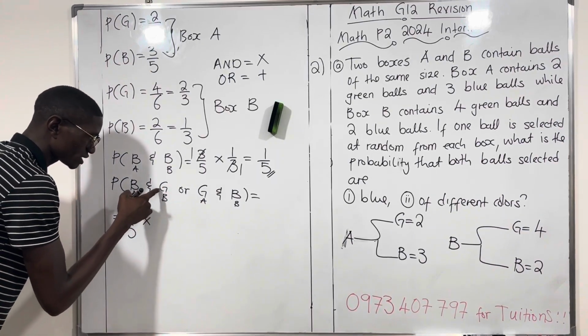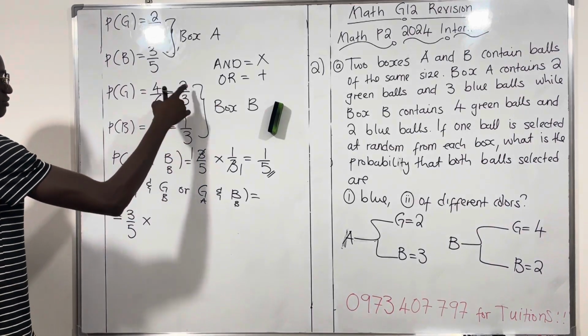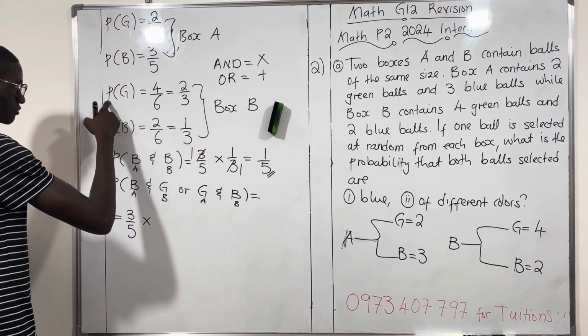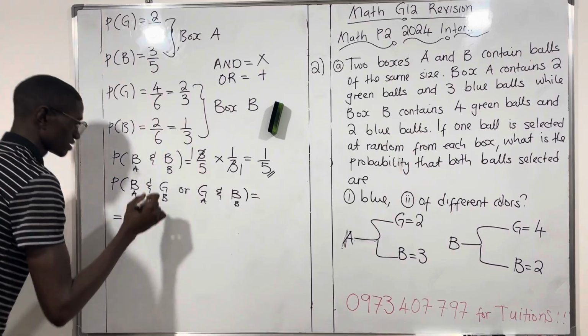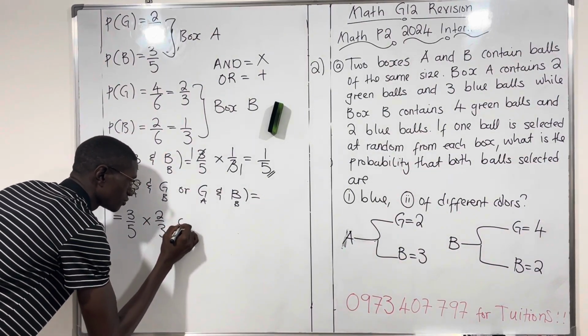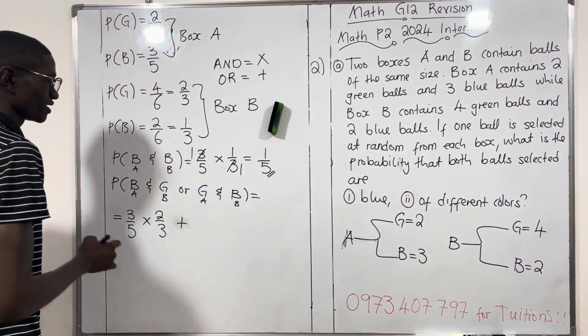What is the probability of picking a green ball from box B? Box B is here. Green, we have 2 over 3, already simplified. So I'm going to say 2 over 3. There's the word or there, meaning we add.